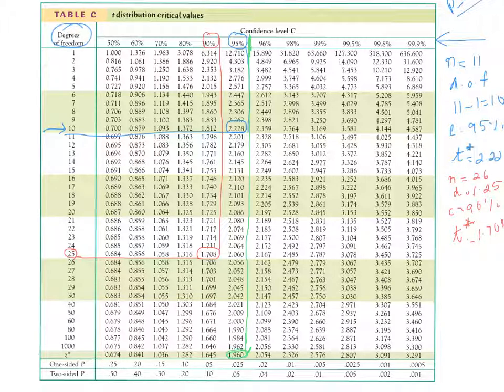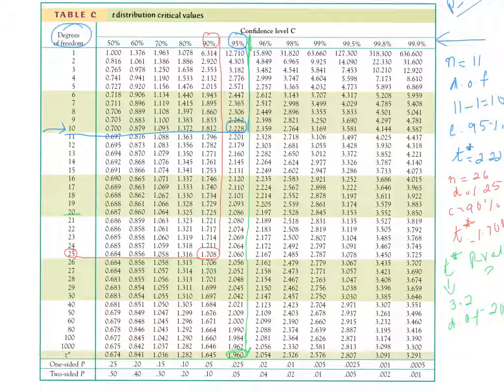Now the same table can be used in the case of a hypothesis test when we actually get the value of T star and we need to figure out the p-value. So our question is, what is the p-value if T star is given? So let's assume that T star is equal to, let's say, 3.2, and the degrees of freedom is equal to 20.